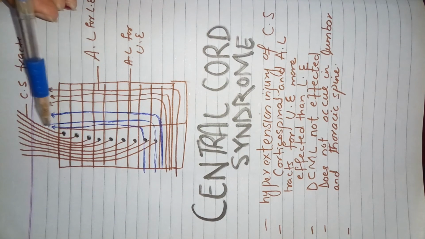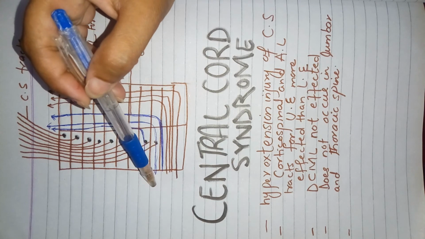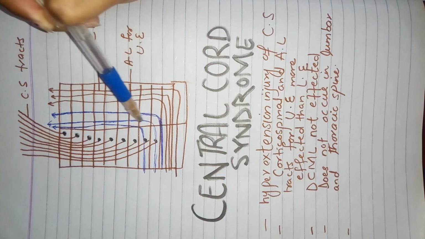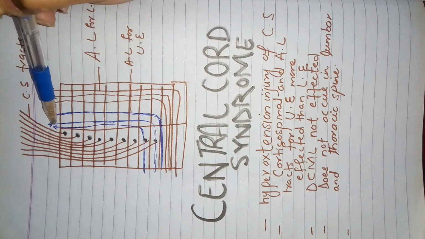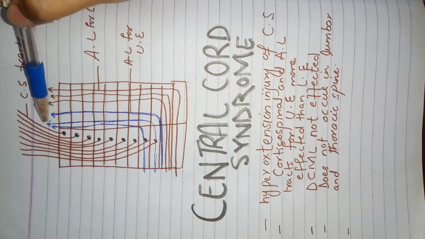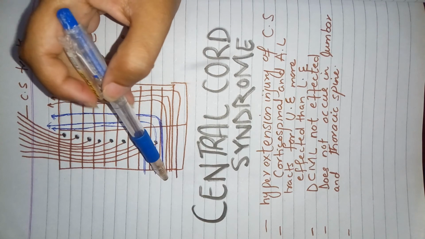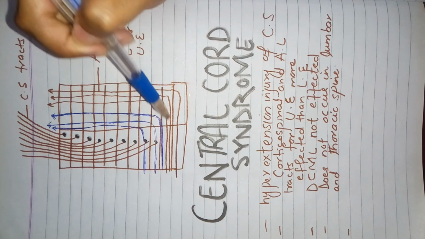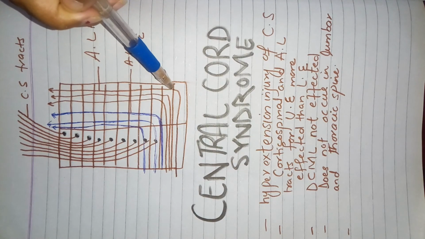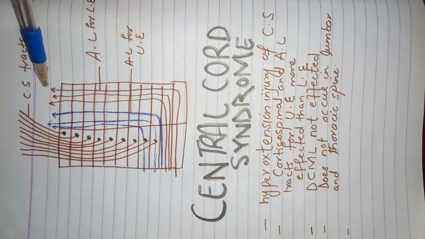Similarly, the anterolateral spinothalamic tract enters and crosses to the other side to ascend towards the brain. The same is the case with them. The anterolateral spinothalamic tract for the lower extremity enters, crosses to the opposite side, and is present more laterally as it moves towards the brain.